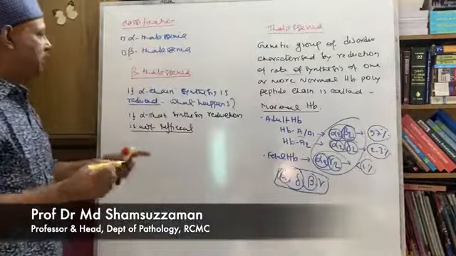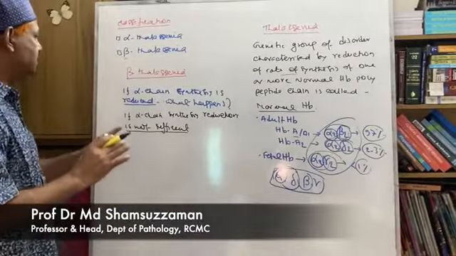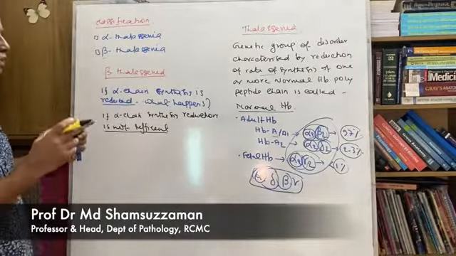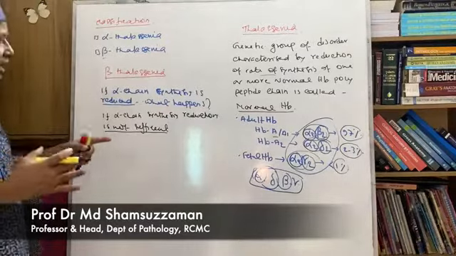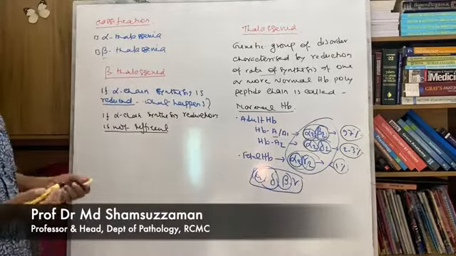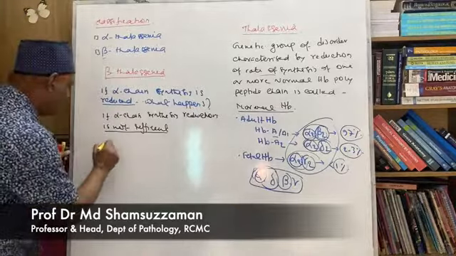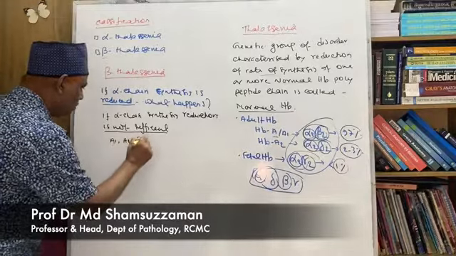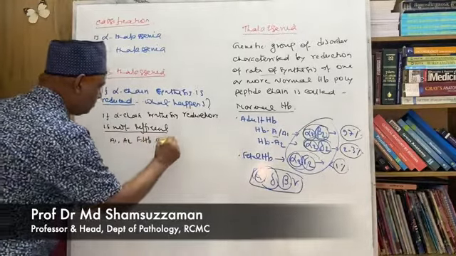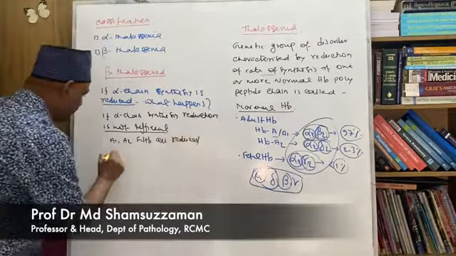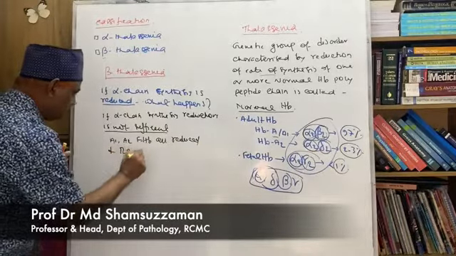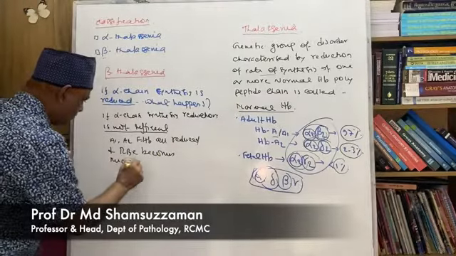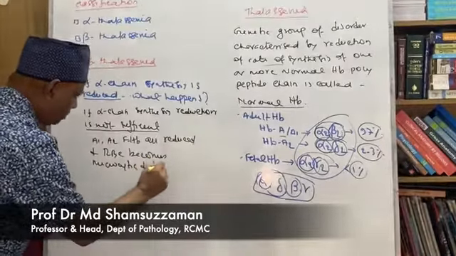If there is reduction of alpha chain synthesis not sufficiently, then all the three hemoglobins, A1, A2 and fetal, will be reduced. As all will be reduced, RBC become microcytic and hypochromic.